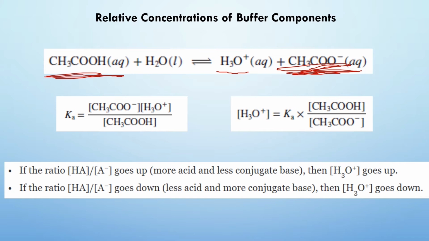For this equation, we can express Ka using this equation. And because we want to see the impact on pH, which is the negative log of proton concentration, you want to highlight the proton concentration.